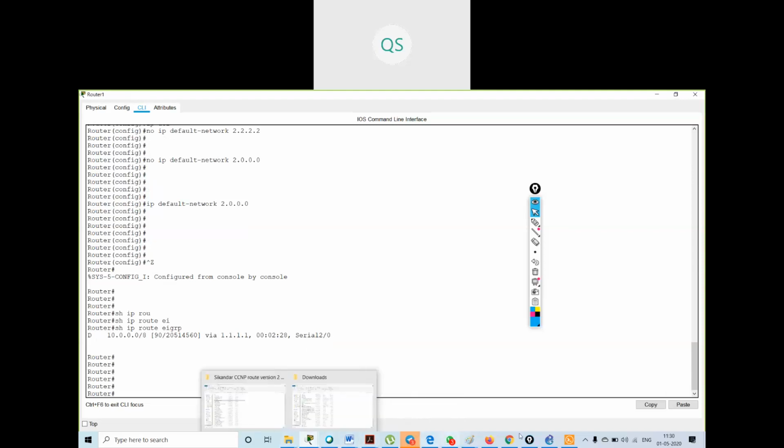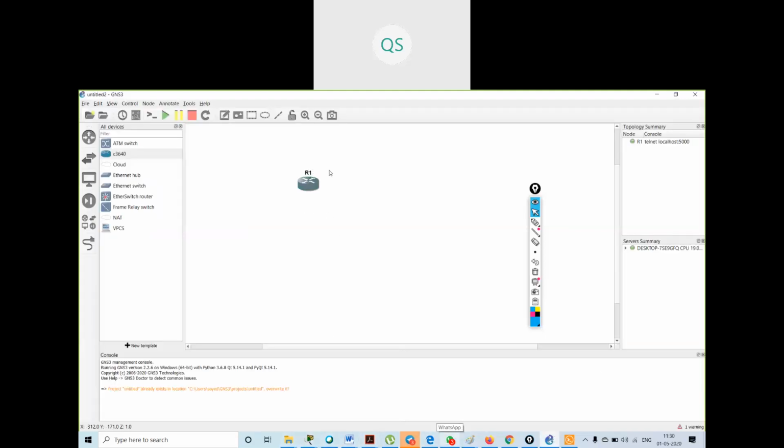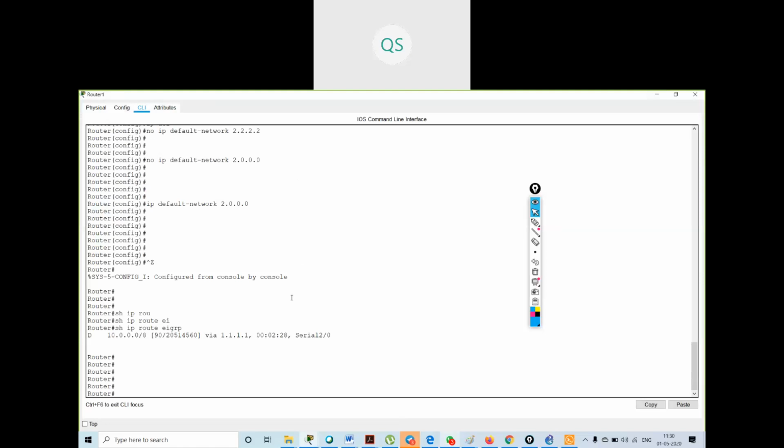Because if I use GNS3, I have to configure the topology and give the IP addresses again, which is a time-consuming process. So I will check it afterwards and let you know in the next lecture.